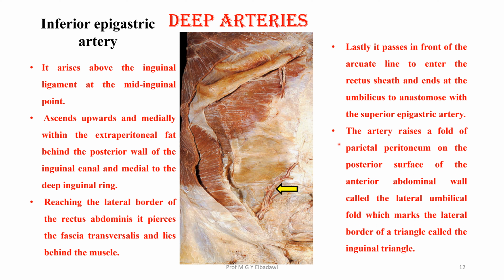The artery raises a fold of parietal peritoneum on the posterior surface of the anterior wall. This is what we call the lateral umbilical fold, which marks the lateral border of the inguinal triangle.